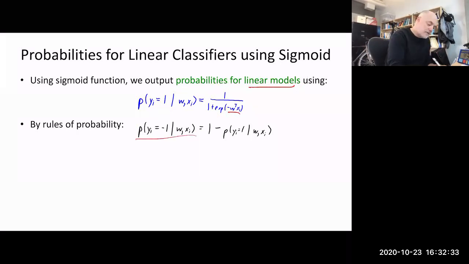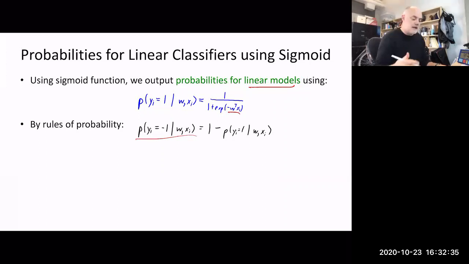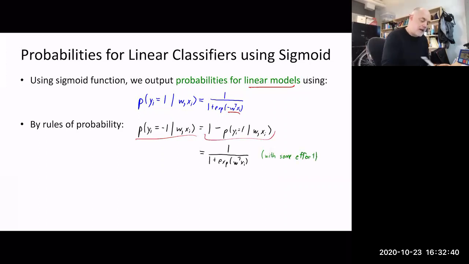You can derive the probability of the other class by using the laws of probability and a little bit of algebra, which is too annoying to stick on a slide, which basically says that the opposite probability just changes the sign here. And if you look a little bit at that, you can see that the same thing is in play here.